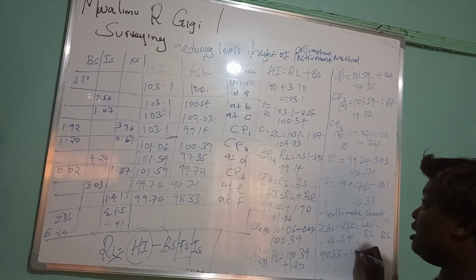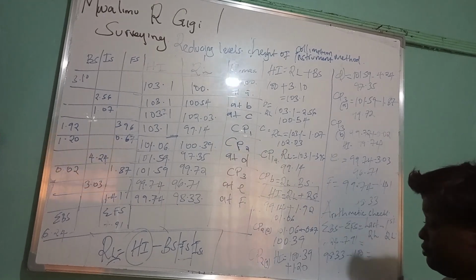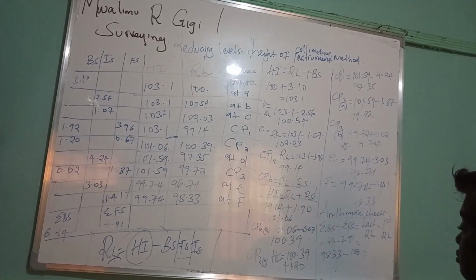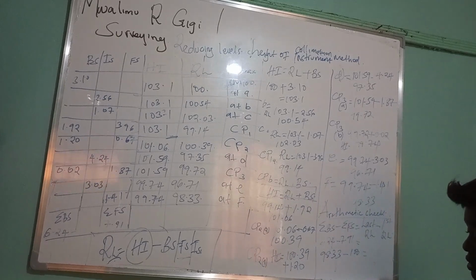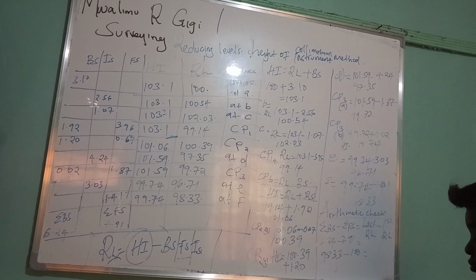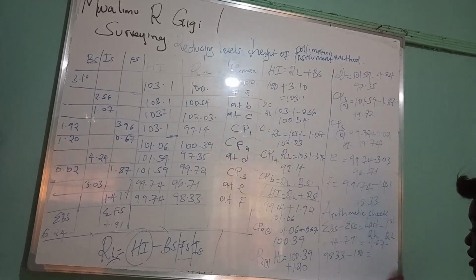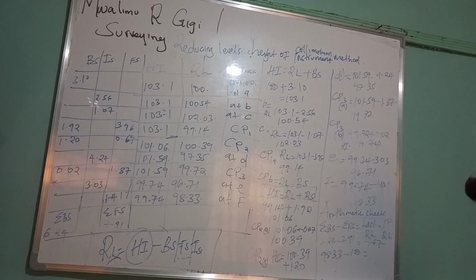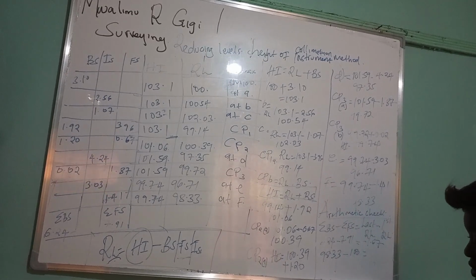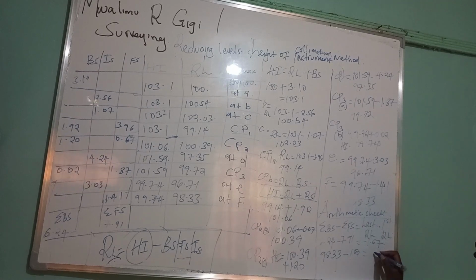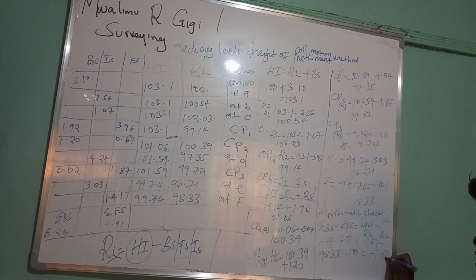The last reduced level is 98.33 minus 100. So 6.24 minus 7.91 is negative 1.67, and 98.33 minus 100 is equal to negative 1.67.